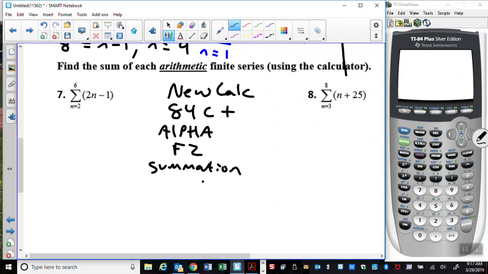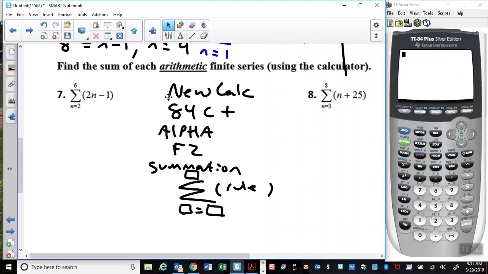You'll get this where you can just plug in your values to the boxes, and then you'll type your rule right here. So if it's given to you in sigma notation, super easy with the new calc. I'm going to walk through more how we do it on the older calc since there are more steps.